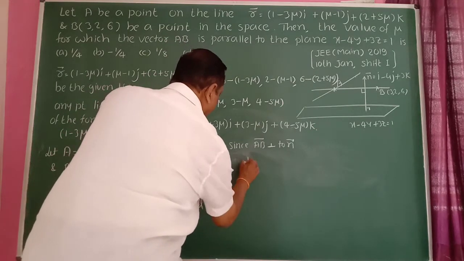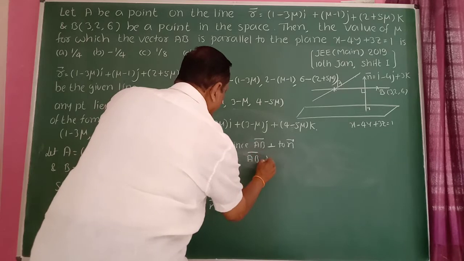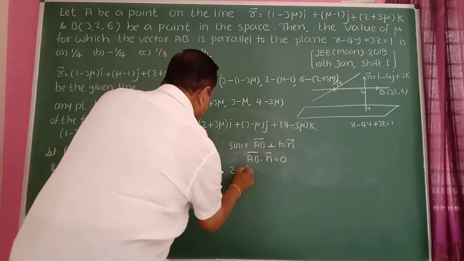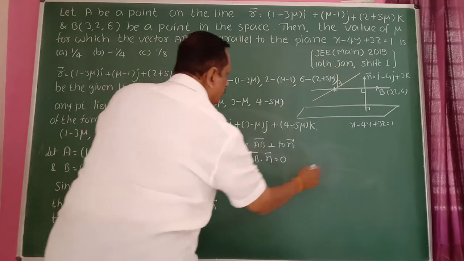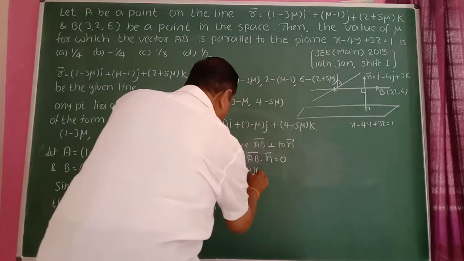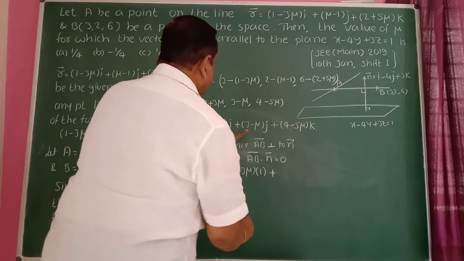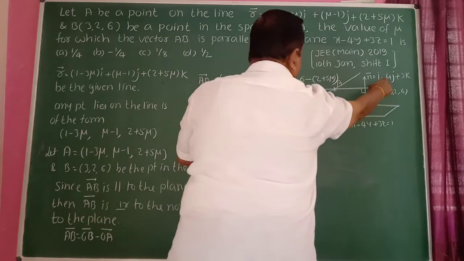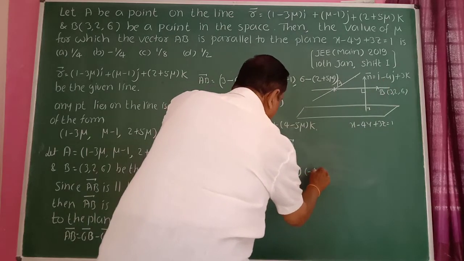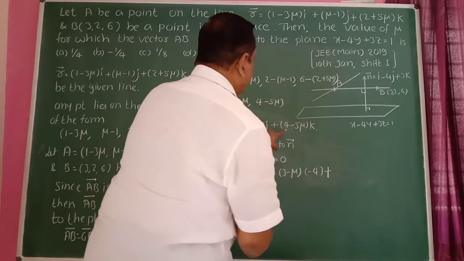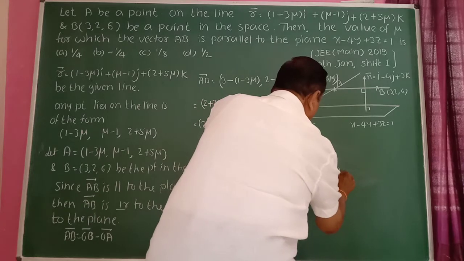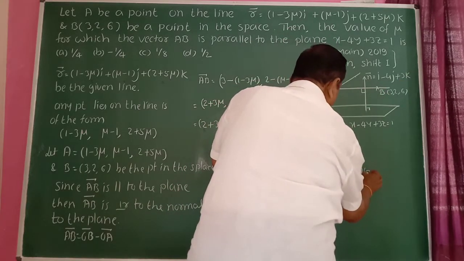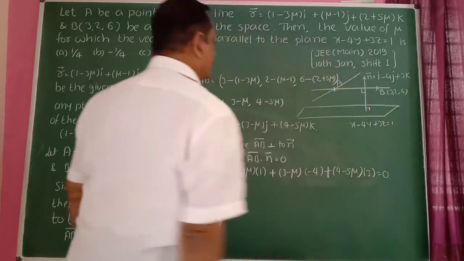AB dot n bar = 0. So (2 + 3μ)(1) + (3 - μ)(-4) + (4 - 5μ)(3) = 0.